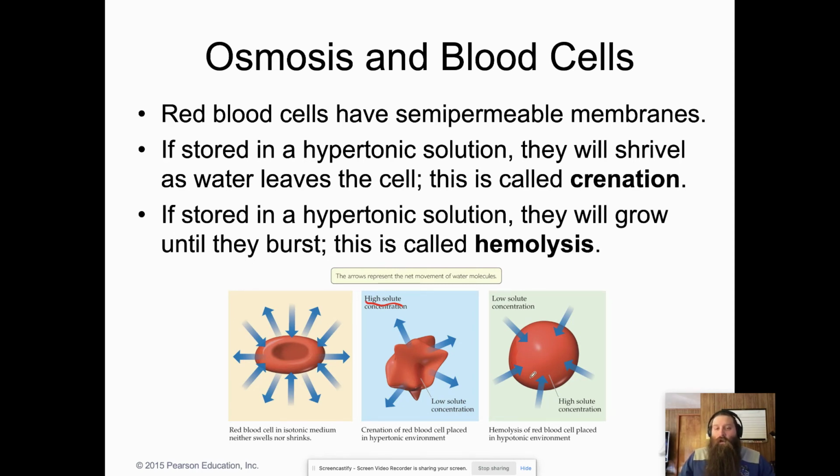On the other hand, if you have a hypotonic solution, so this would be a hypotonic solution here, then you have very low solute in the blood. And so water from the blood is going into the cell to try to reach equilibrium. It wants the same ratio of solute to solvent in both places. Now, that can lead to hemolysis, which is when your red blood cells burst.